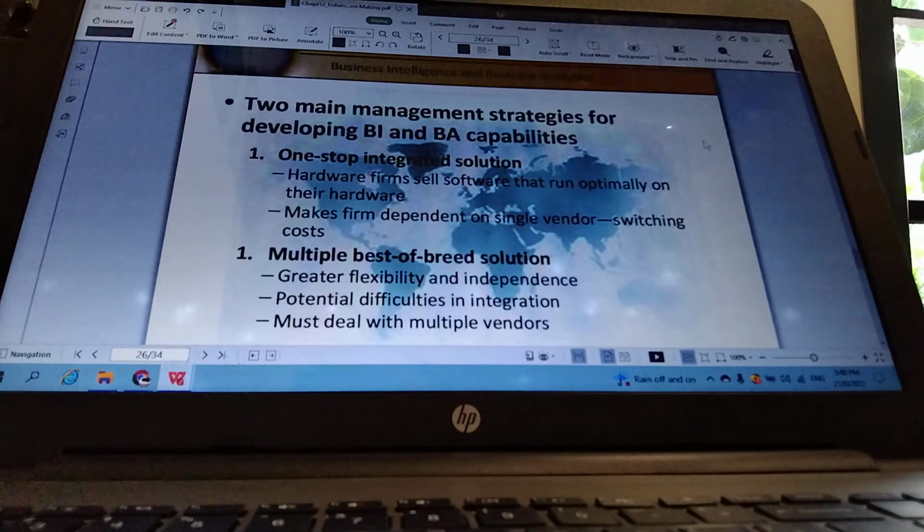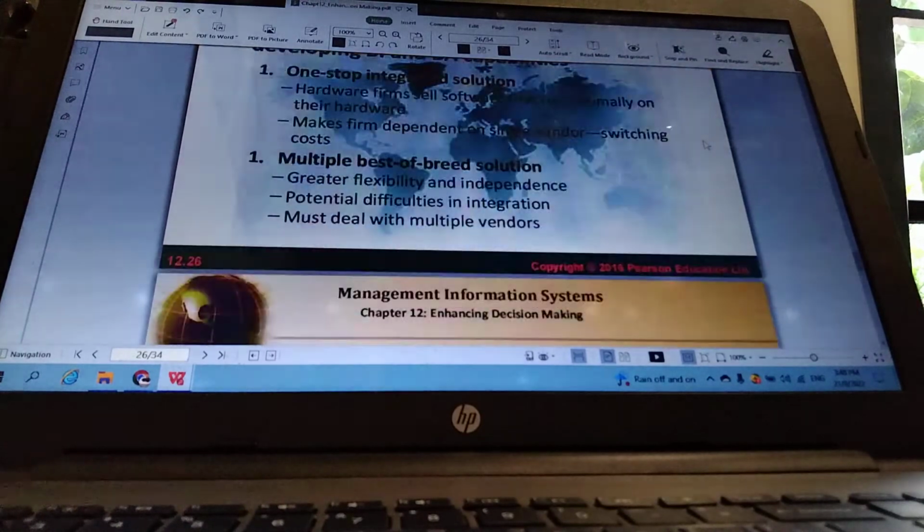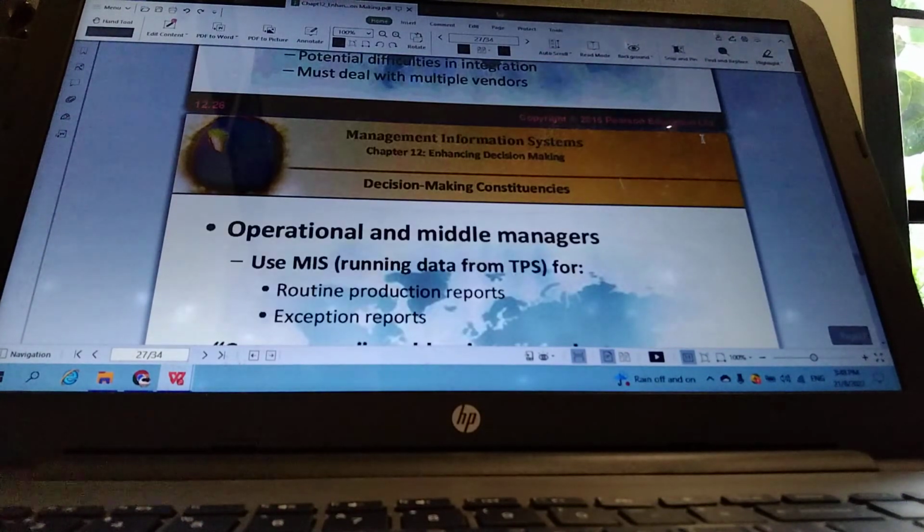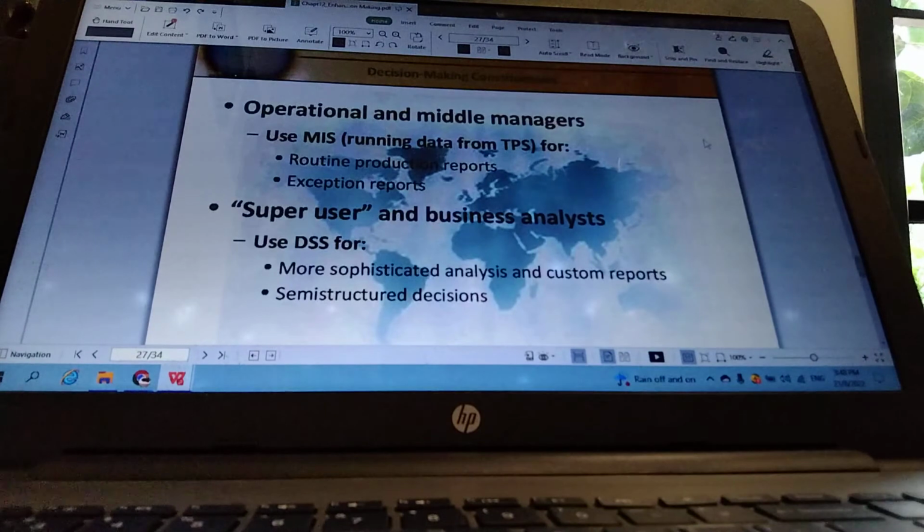So these are the two main management strategies for developing BI and BA capabilities. And as we have discussed earlier, operational and middle managers as well use BI and BA for decision-making purposes by having proper data, information and knowledge.